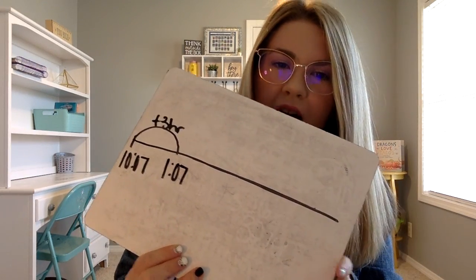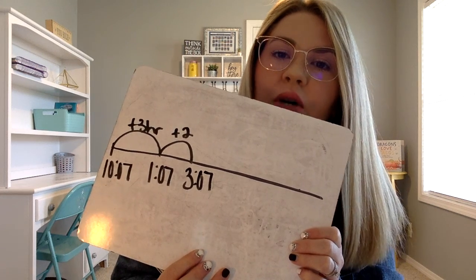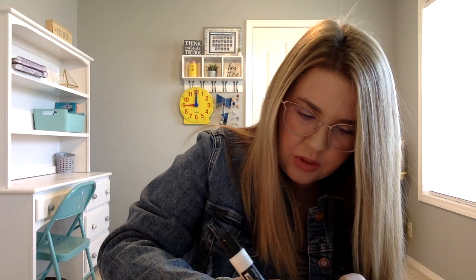Again, I know I want to be in that hour of 3, so I'm going to add a couple more hours so that I can get there. I know that 1 plus 2 is 3, so that's going to put me at 3:07. And I know I want to get to 26, so I'm going to get to a friendly number here and do a jump of 3 minutes. Make sure you label. I forgot to label on the last one. So I'm going to be at 3:10.